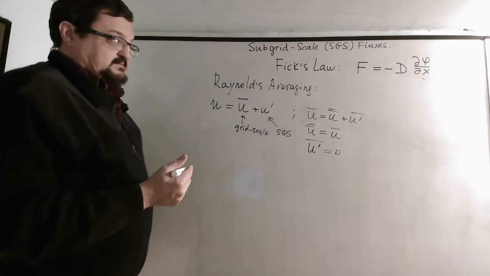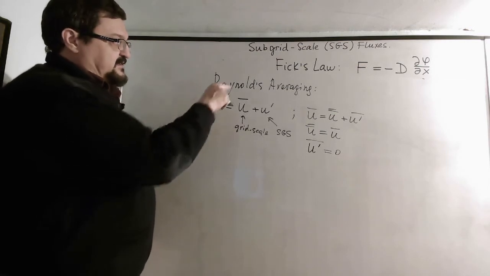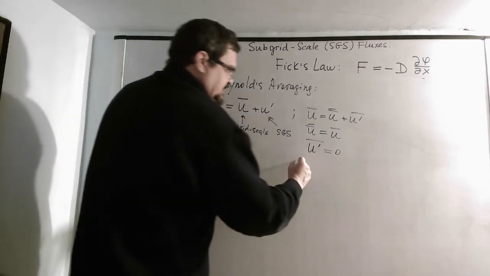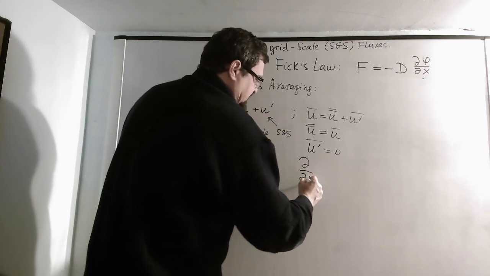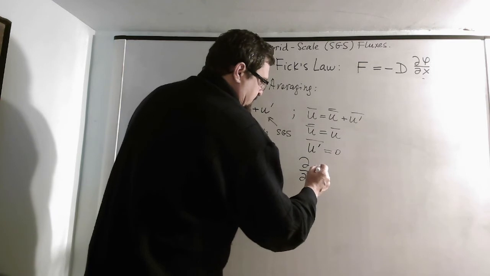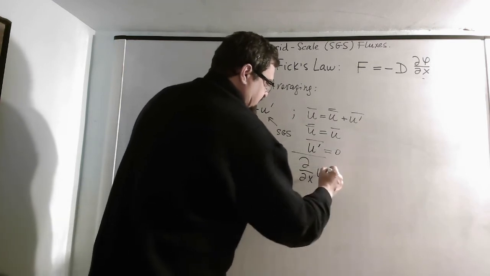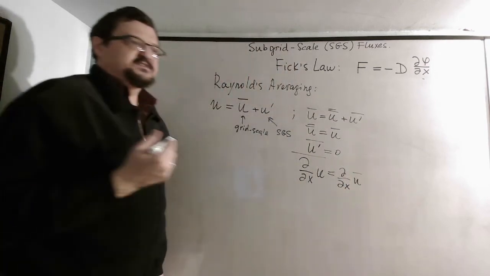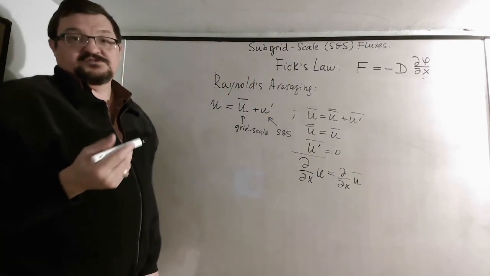Now, that's basically the main rule, but there are several other Reynolds averaging rules, like for example, that the derivative d/dx of u average equals d/dx of u, because the derivative operator is actually linear.